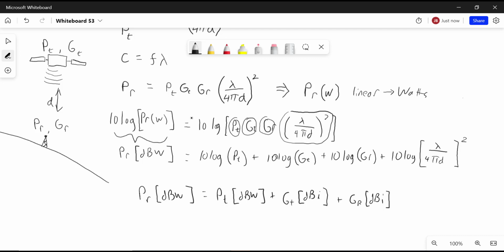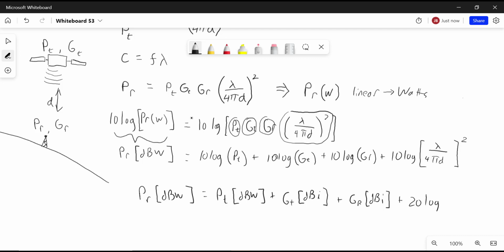We're going to leave this in its form, but what I am going to do is apply the exponent rule here. If you remember back to the table reference I did earlier, we can take that 2 down and multiply it by the 10. So now instead of saying 10 log of something squared, I can say 2 times 10 log, which would be 20 log.